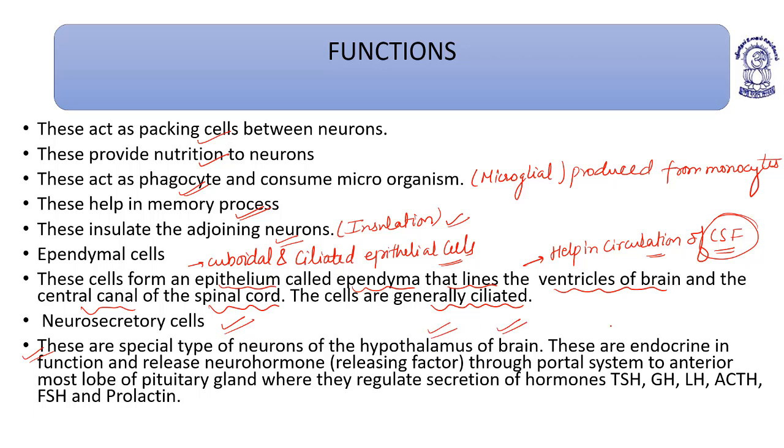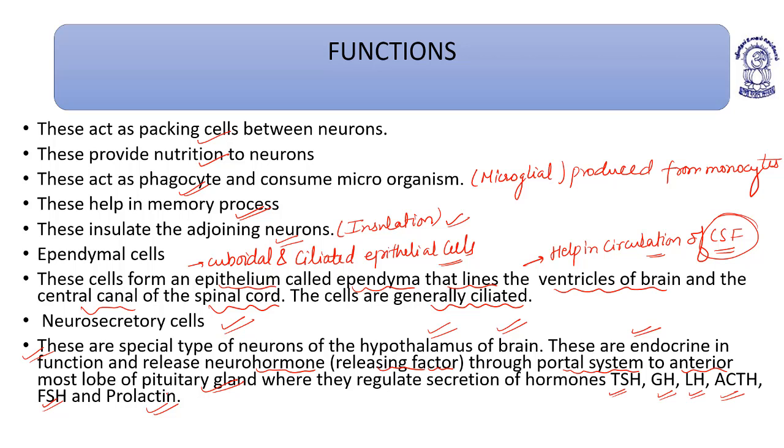They are endocrine in function and release neurohormones, which are releasing factors, through the hypothalamo-pituitary portal system to the anterior lobe of the pituitary gland, which then regulates secretion of hormones like TSH, thyroid stimulating hormone, growth hormone, LH, luteinizing hormone, ACTH, adrenocorticotropic hormone, follicle stimulating hormone, and prolactin.